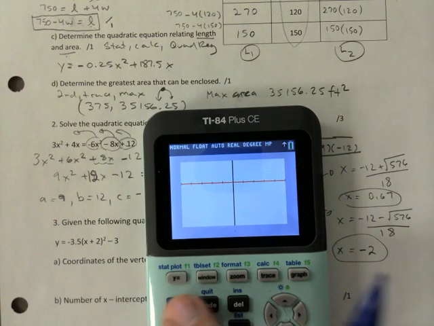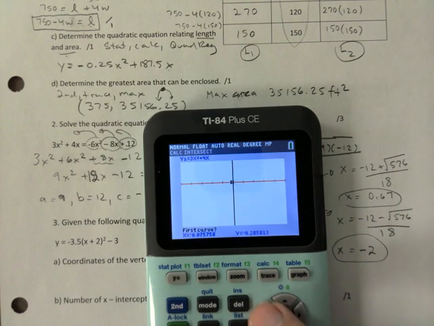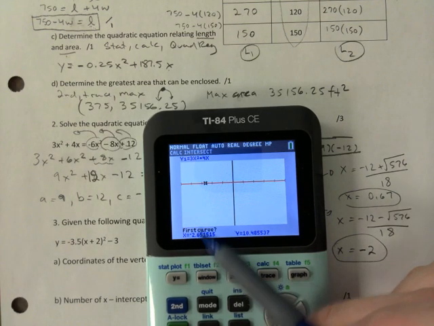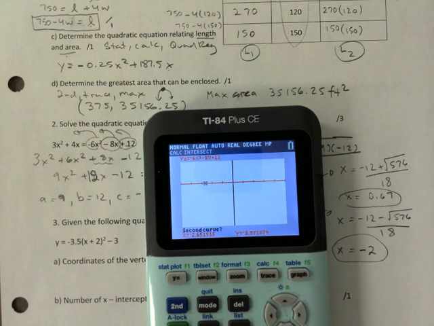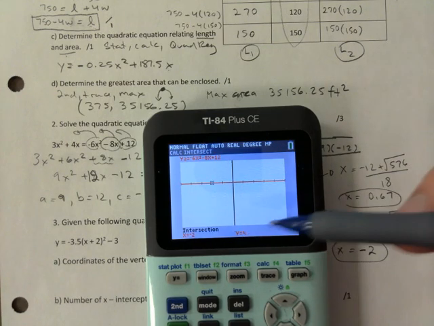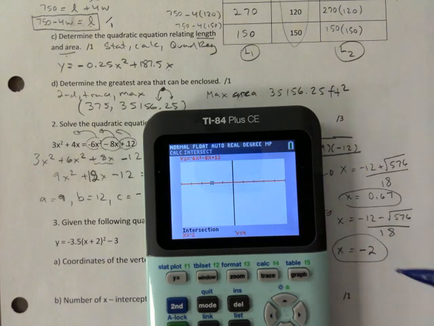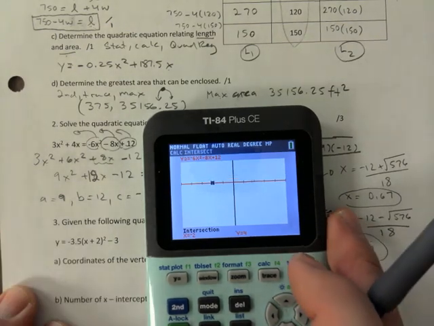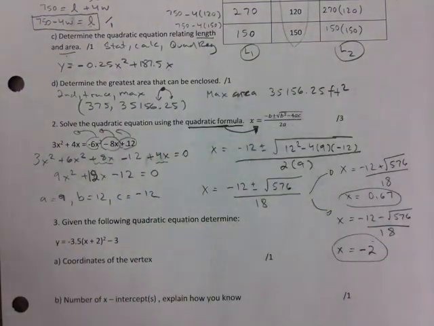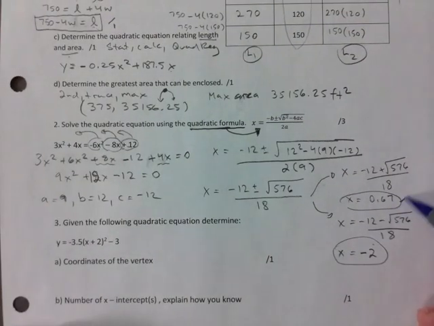But I'm going to go second trace 5 here, and just go further to the left because I know I'm looking at a -2. So I'm just going to hit enter, enter, enter, and there it is, -2, which is what we were after, right? So sometimes if you want to use it, it's up to you. But check and make sure you got these right, because then you get full marks, right?